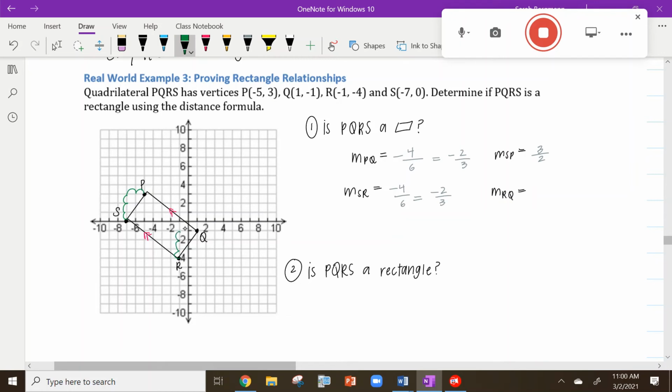Same for RQ, I have to go up 3 over 2, so the slope is also 3 over 2. Since both pairs of opposite sides are parallel, I know that it's a parallelogram. So first I'll say PQRS is a parallelogram because both pairs of opposite sides are parallel.